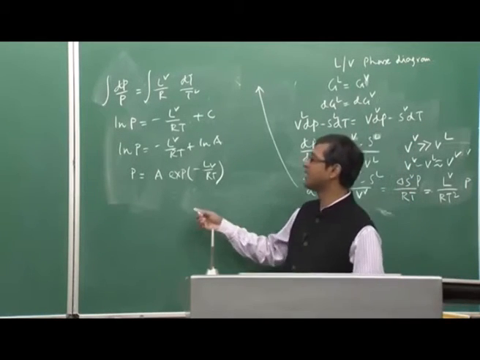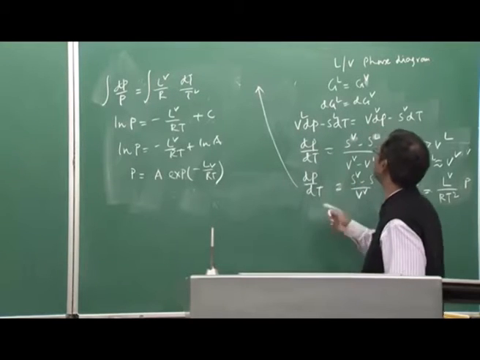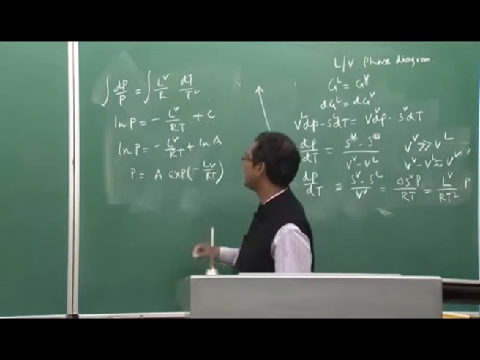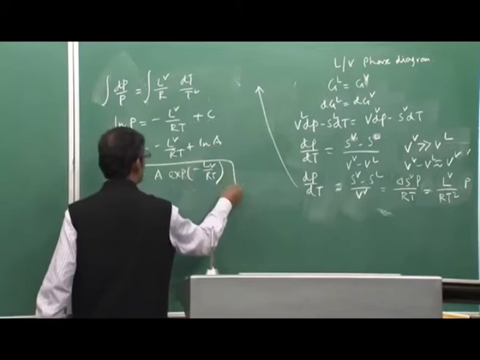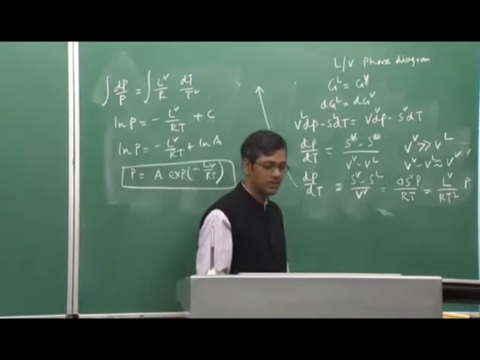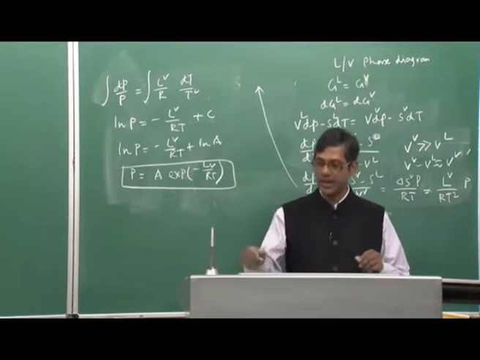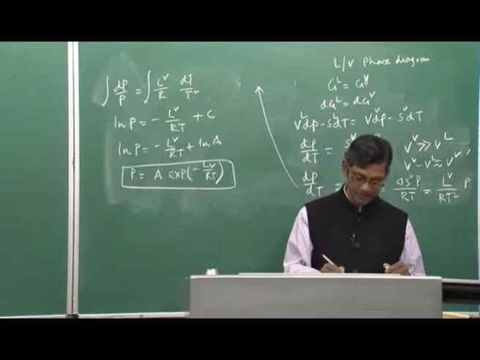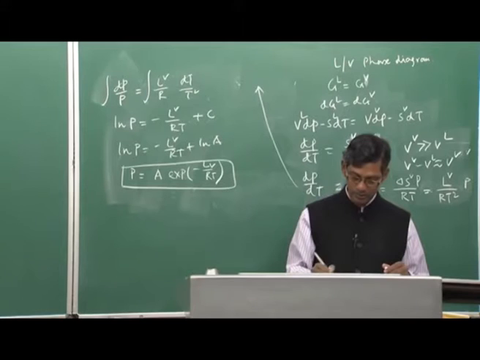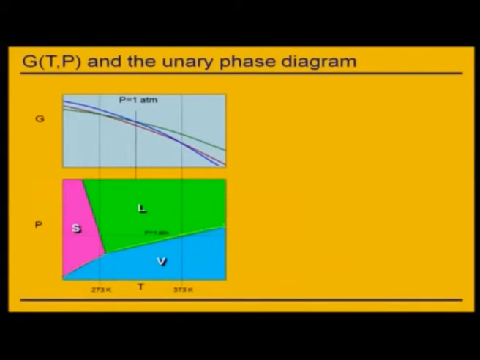Very carefully it can be proved by the free-energy equilibrium equations that the equations of these two curves of equilibrium between solid and vapor and liquid and vapor, this curve and this curve, will be exponentially increasing lines, okay. That is what is shown very nicely in this diagram.